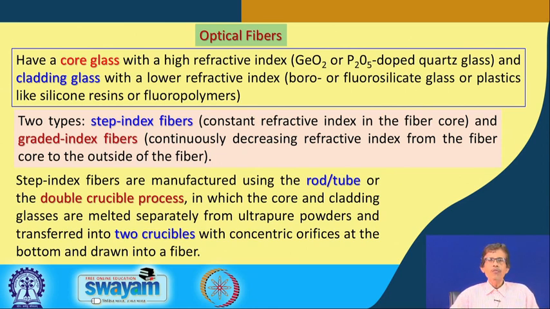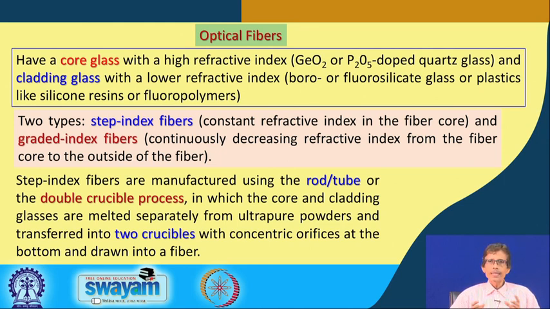So, your container for doing all these reactions will definitely be the crucible. In this case we can have two types of crucibles with a concentric orifice. We will see in our next class what sort of crucibles we can have.